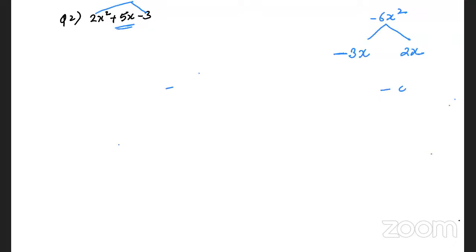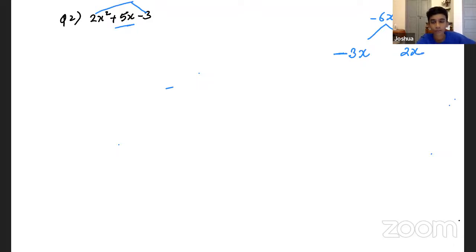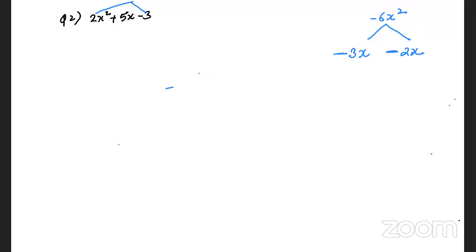Then you have to put minus on the 2 also. If you put minus on 2 also, how many times is minus repeating? Two times minus are repeating, then the answer will be plus, but you need an answer in minus. Then what can you do?